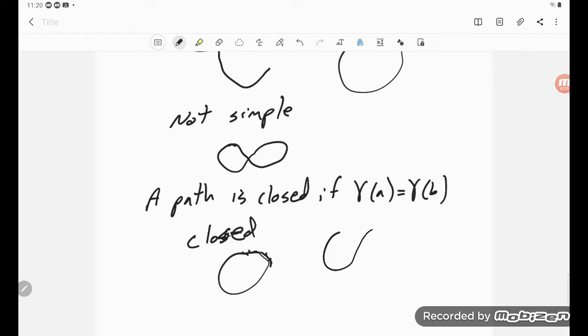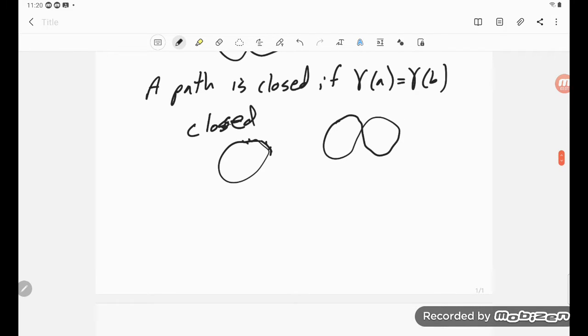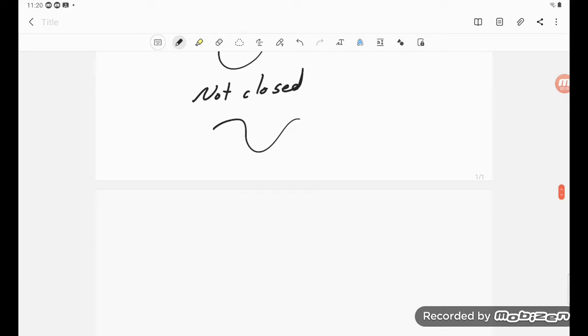It may simply be closed, like the figure 8. So it has to have no loose ends. Not closed would be something like that.